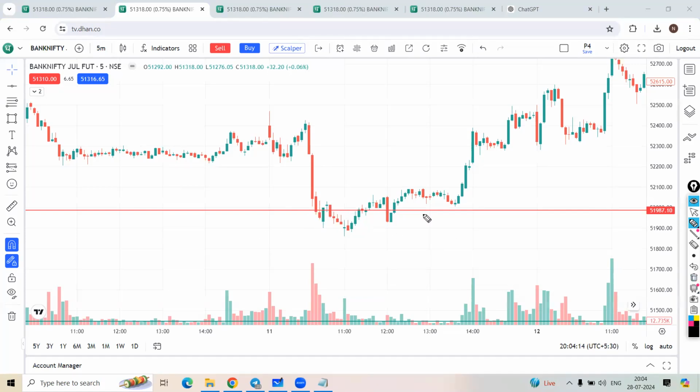If it is taking resistance, it means price opens below, tries to take resistance and moves down, or opens below it and straight away moves down. This is called resistance. Here the open is above and the close is below, so it is crossing. This is not considered a down move, pullback or rejection. There is a difference between crossing and taking resistance.